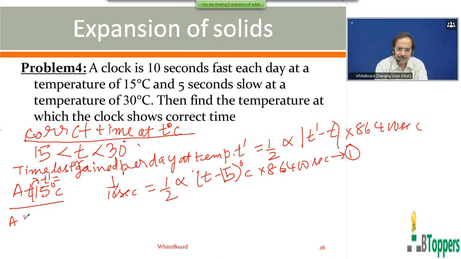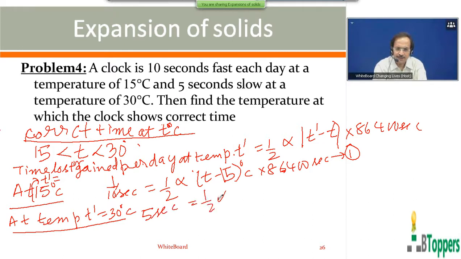So at temperature T dash equal to 30 degrees centigrade, the pendulum clock loses 5 seconds per day. So time lost per day on the left hand side of the equation, you can write as 5 seconds.